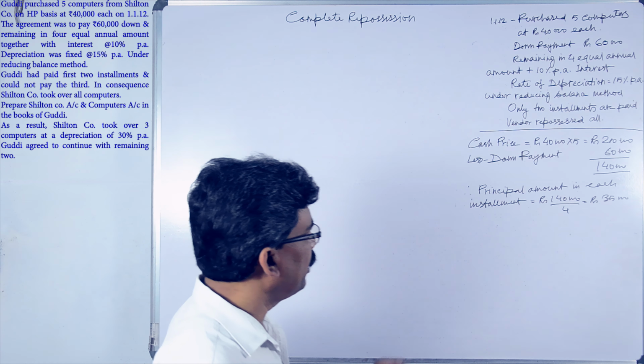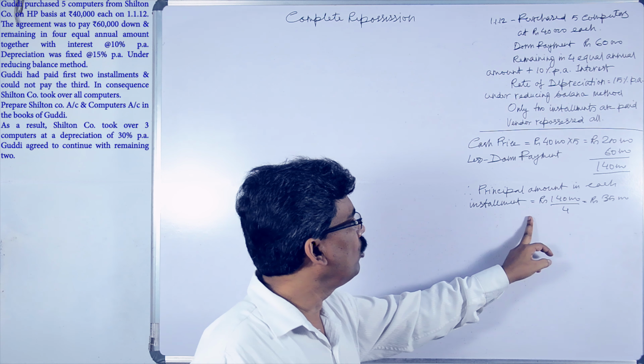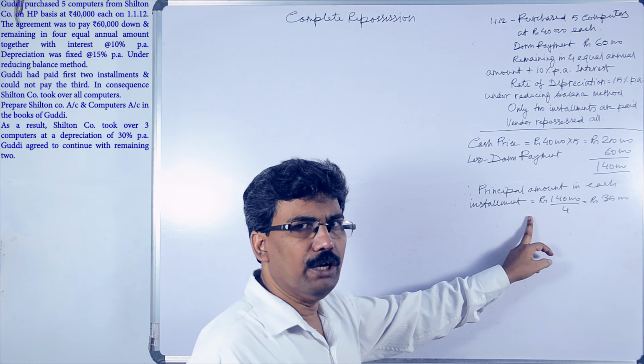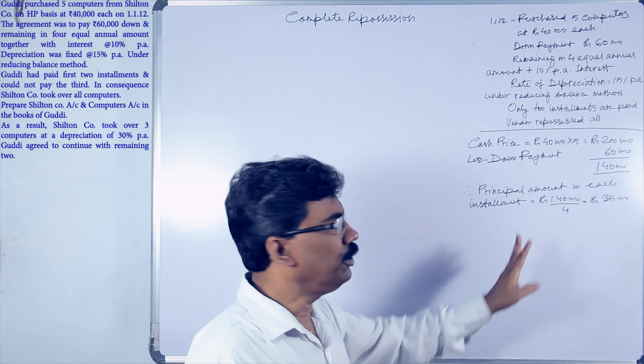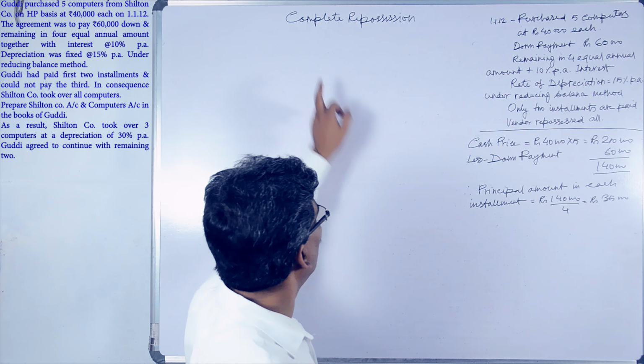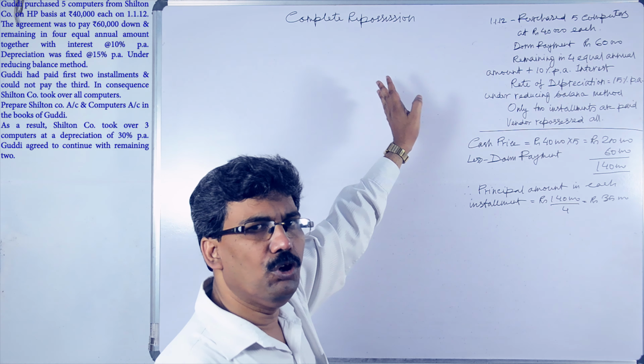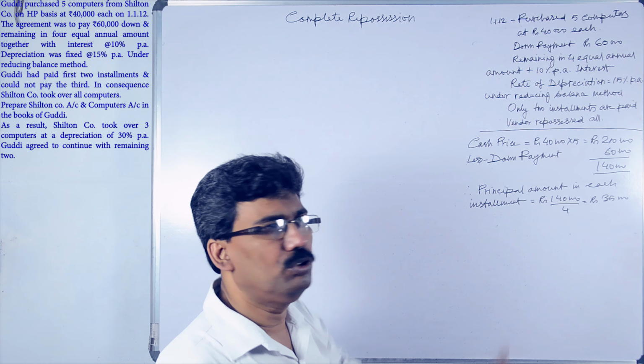It is to be remembered that Gooddeep paid only 2 installments; the 3rd and 4th installments were not paid, and for that Shilton Company took over all 5 computers. That is why it's called complete repossession. It means Shilton Company is repossessing all the items sold.